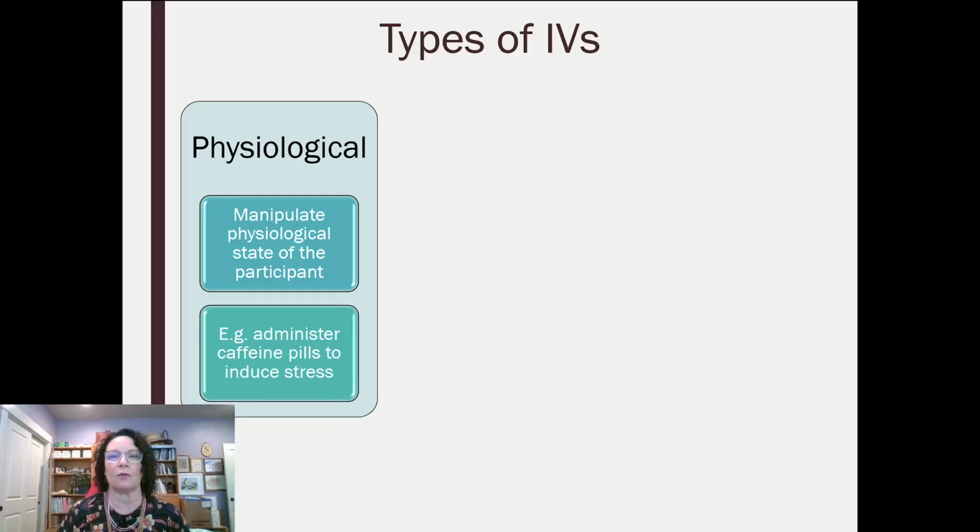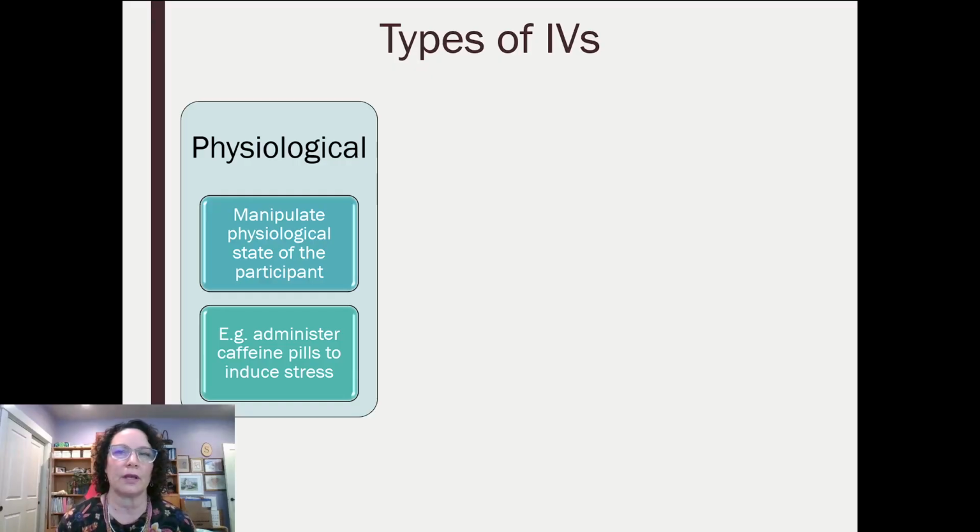So for example, if I were to administer caffeine pills to the experimental group and sugar pills to the control group, and not tell anybody who's getting what, the person who received a caffeine pill might start feeling a little edgy and not know, oh, I took a caffeine pill. So they're like, oh, am I experiencing stress? Am I nervous? Am I feeling jittery?